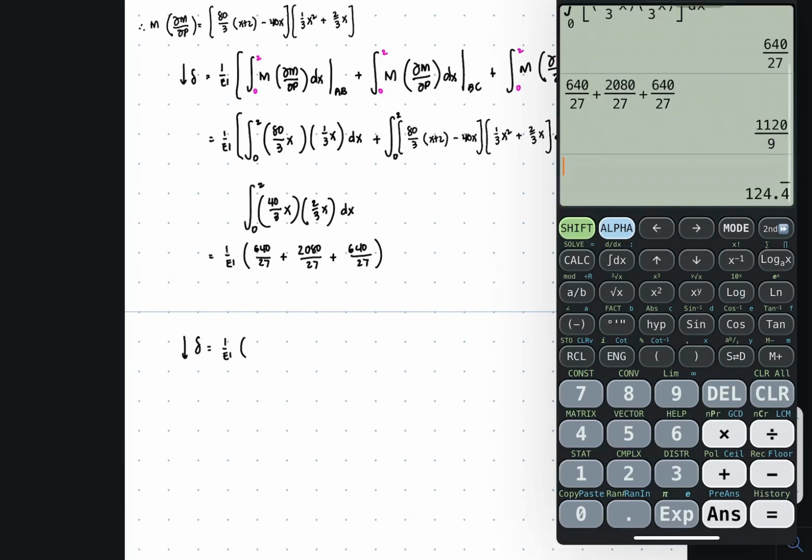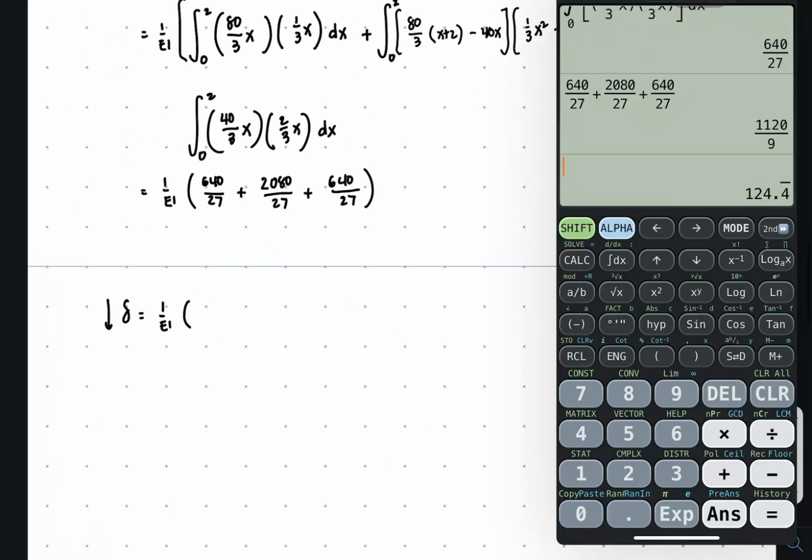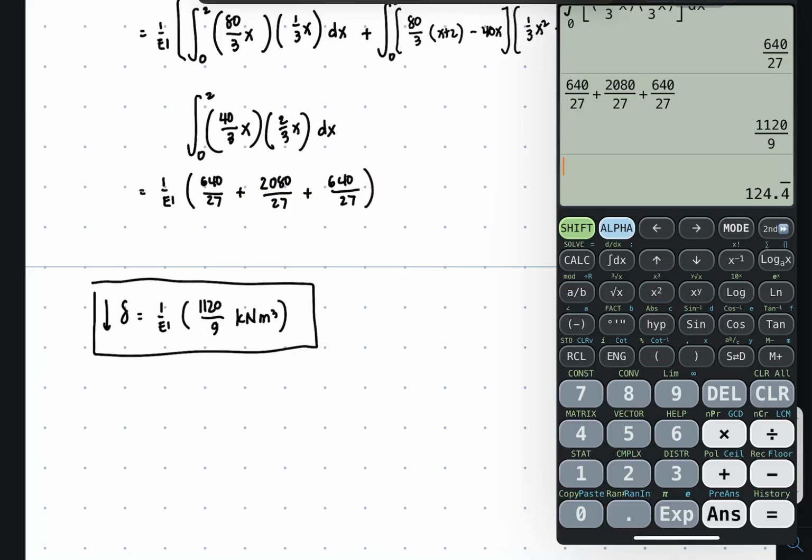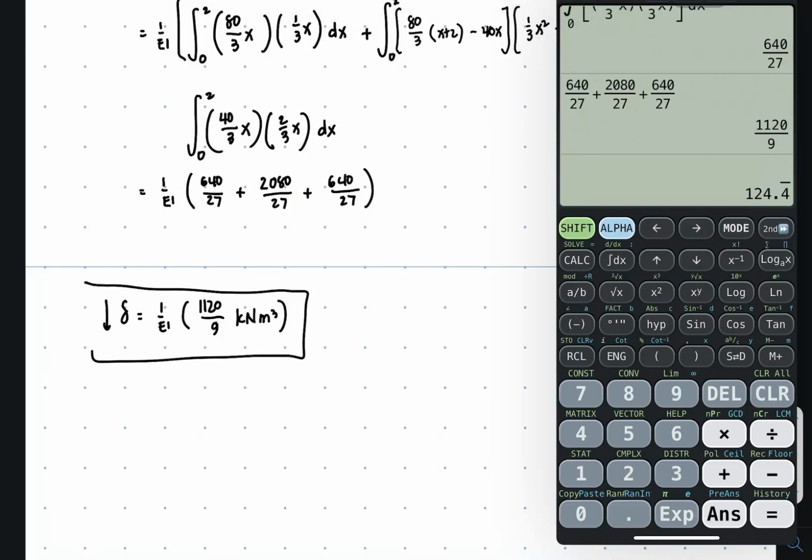So that is 1120 over 9. The unit here is kilonewton cubic meter. And this is our final answer.